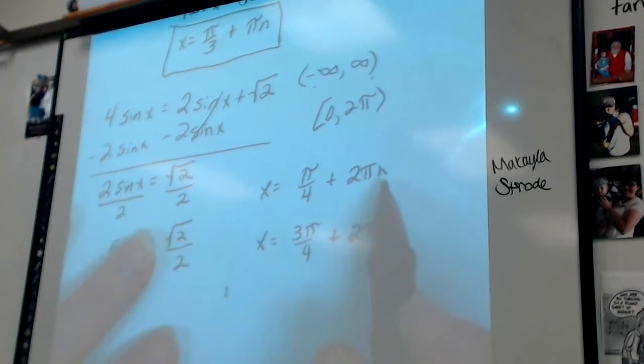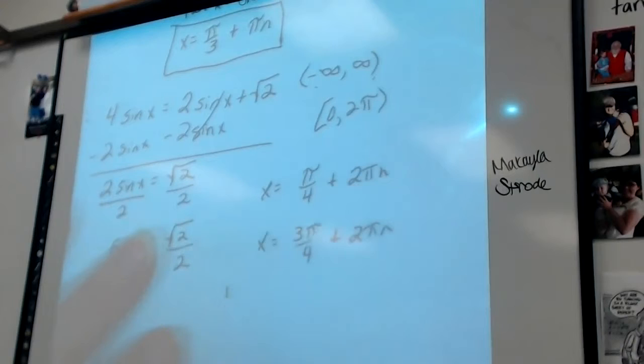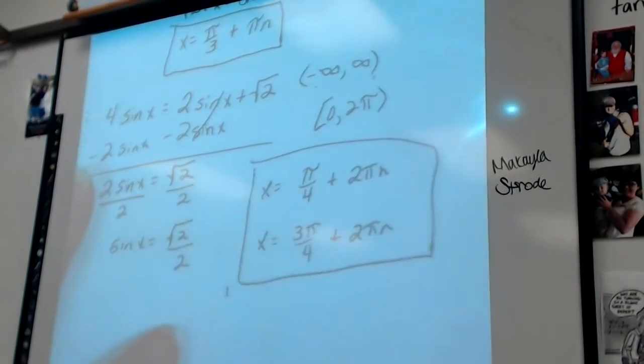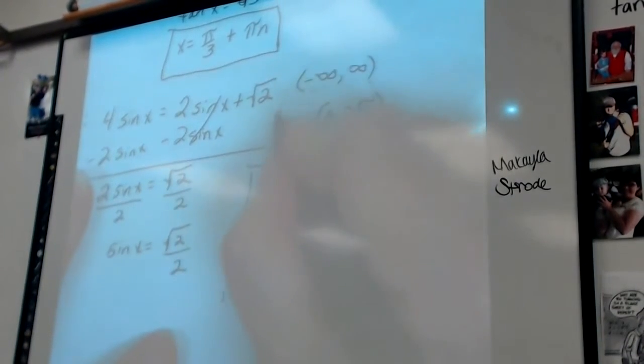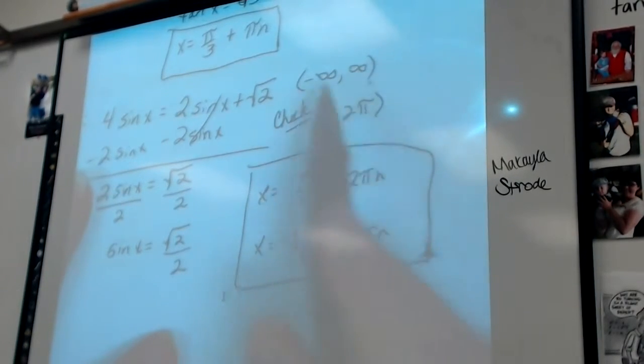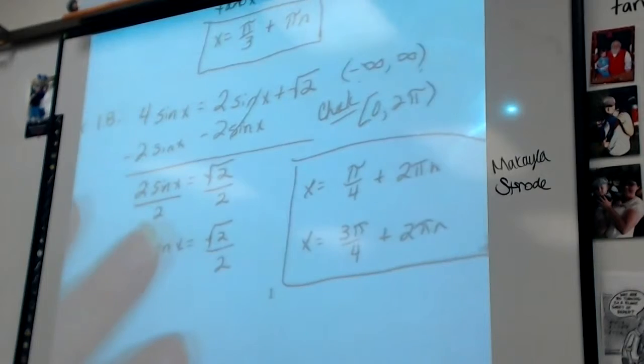So if you went 3 times around the circle, then you would be 3 full revolutions from pi over 4. Your sine would still be square root of 2 over 2. I need to put check 0 to 2 pi. This is what we're solving for.